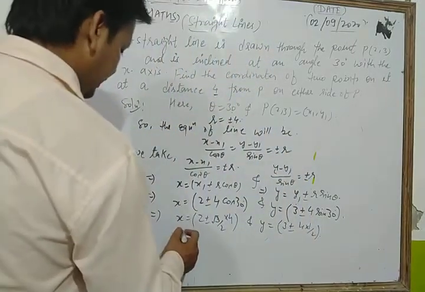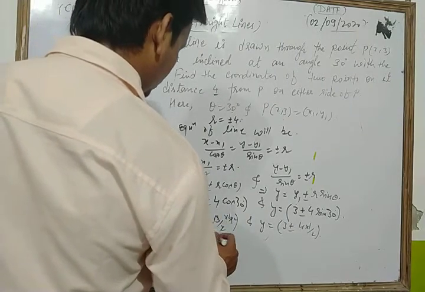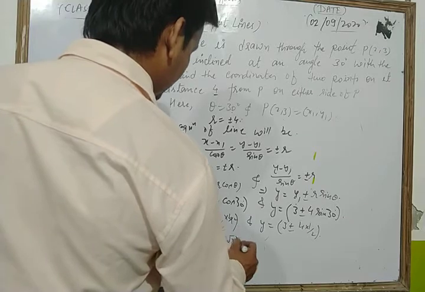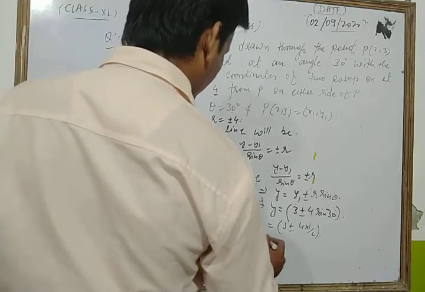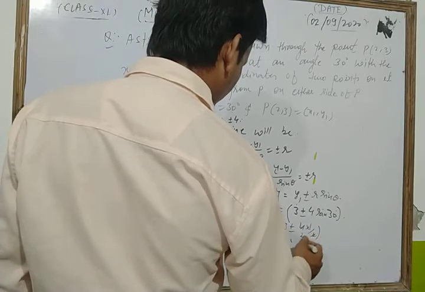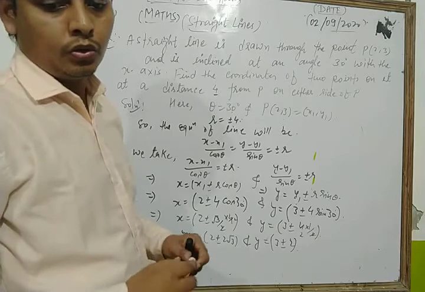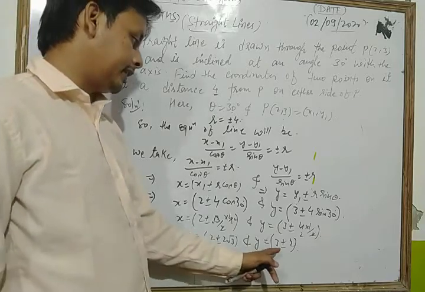So the required points are x equals 2 plus minus 2 root 3, and y equals 3 plus minus 2.